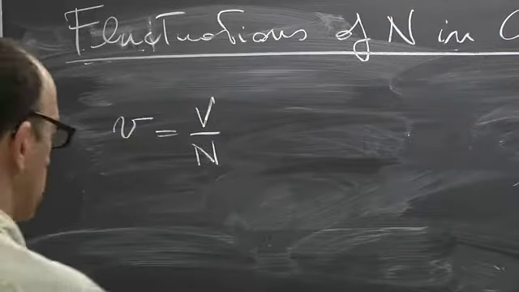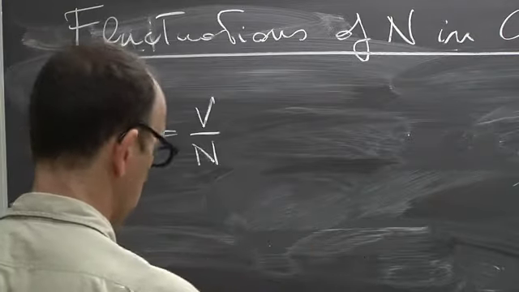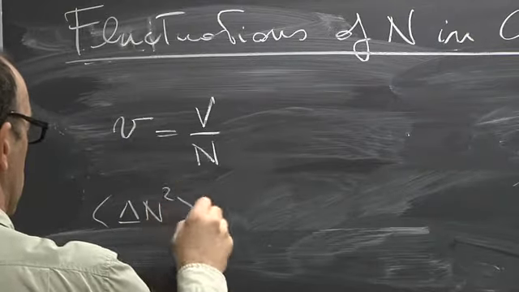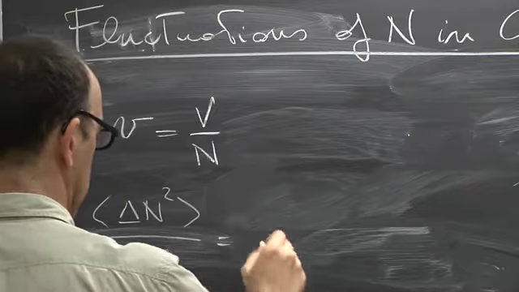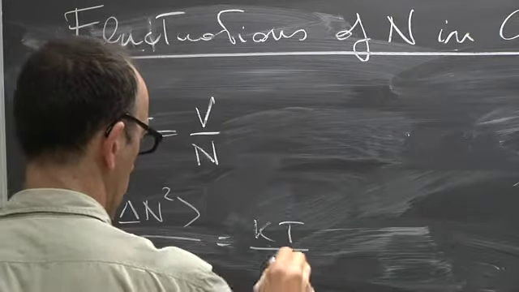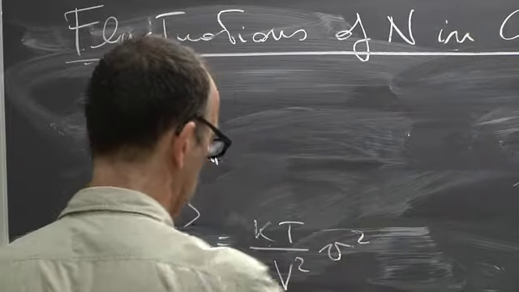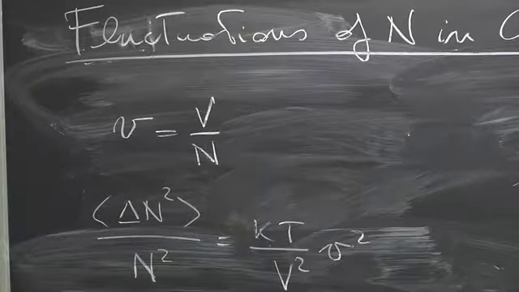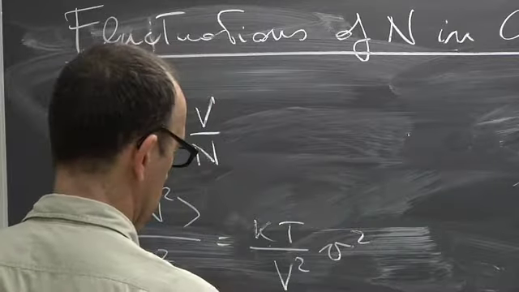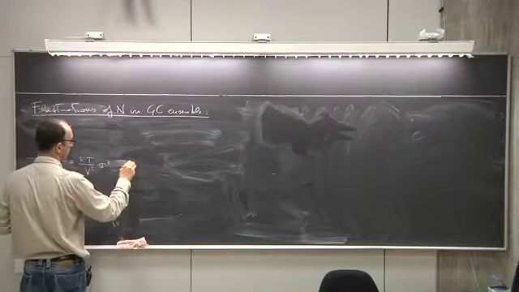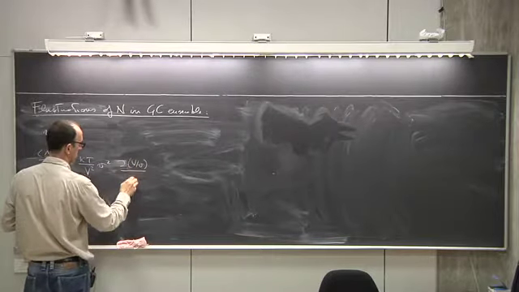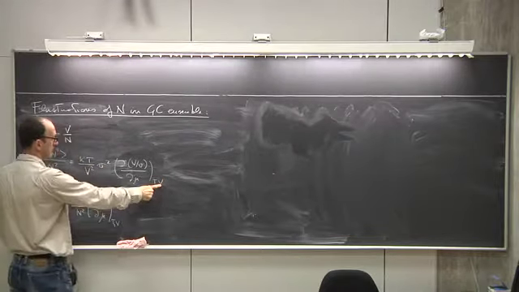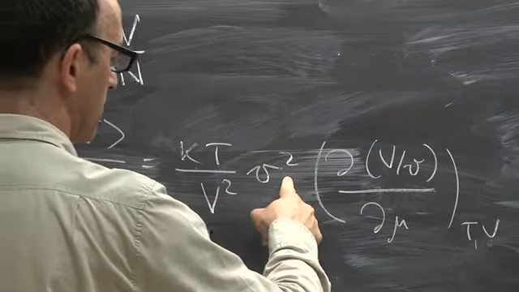So this means that this relative fluctuation by n squared can be written as kT over V squared times V squared, because n is V divided by small v, times now here I have the derivative of V over small v by mu at constant T and V. Since V is constant, I can take this V out.